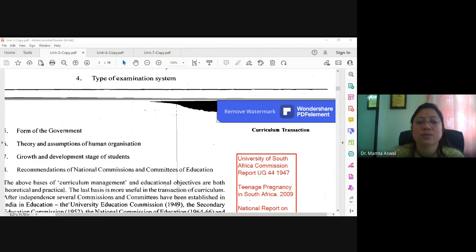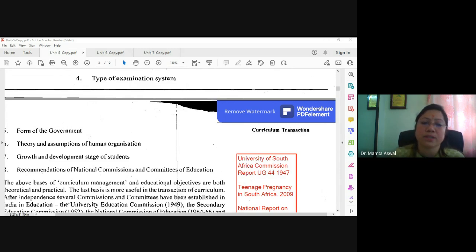Then the next point is growth and development stages of students. Again, this is a part of psychology. When we talk about growth, it is about physical development: the height of the students, the development of the body, the hair, eye color, and so on. All these things are considered under growth.